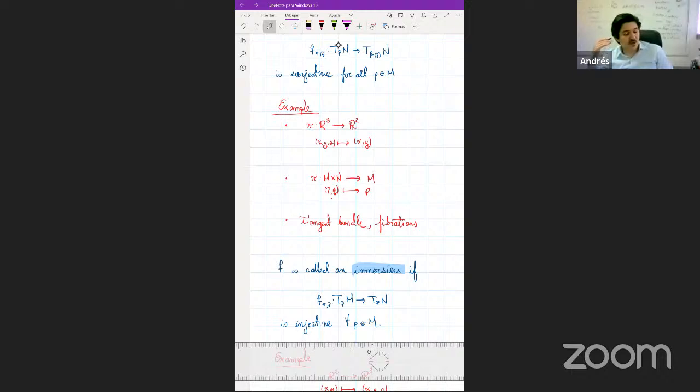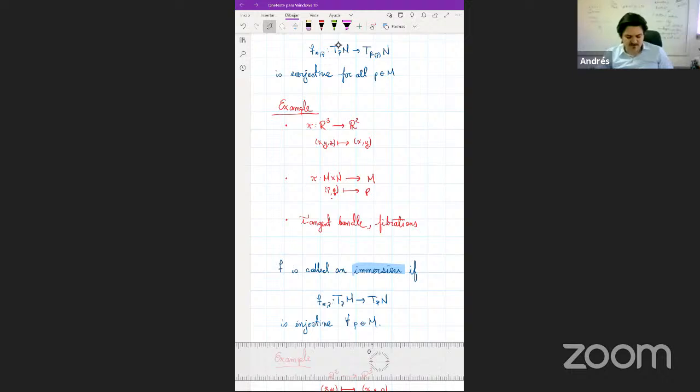So notice that for submersions and immersions, we have constant rank. Depending on the dimensions of the domain and codomain, and depending on whether you have a submersion or an immersion, the rank will agree with the dimension of the domain or codomain.